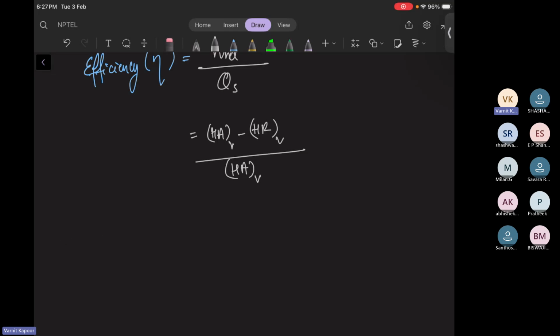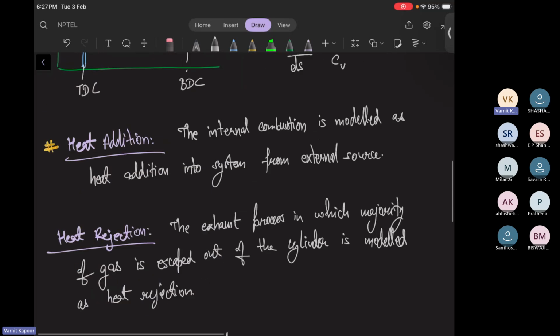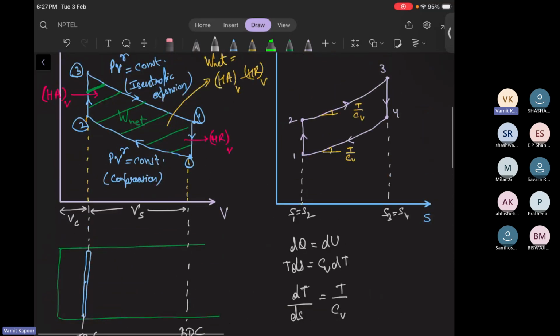So let us first take the ratio. It will be 1 minus heat rejection at constant volume to that of heat addition at constant volume. So heat is rejected from which temperature to which temperature? Heat is rejected from 4 to 1.